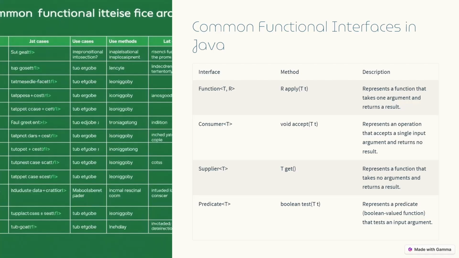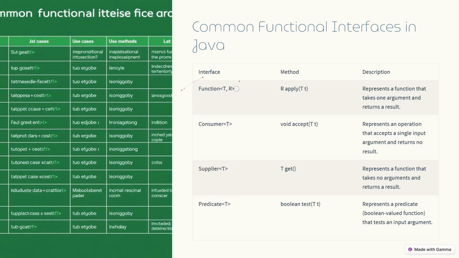And the most important question in interviews, they ask like, what are a few functional interfaces in Java, or predefined functional interfaces in Java? So these are some predefined functional interfaces. What are they?